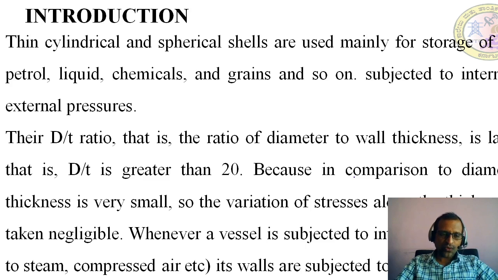If it is less than 20, then we call it a thick cylindrical shell. But in your syllabus you have only the thin cylindrical shell, so remember, for a thin cylindrical shell the ratio of diameter to thickness is more than 20, because in comparison to diameter, thickness is very small. So the variation of stresses along the thickness is taken as negligible.